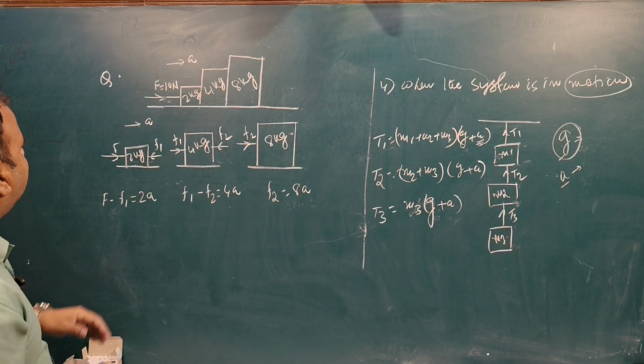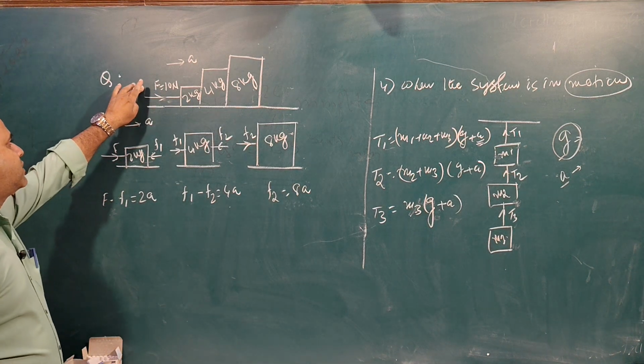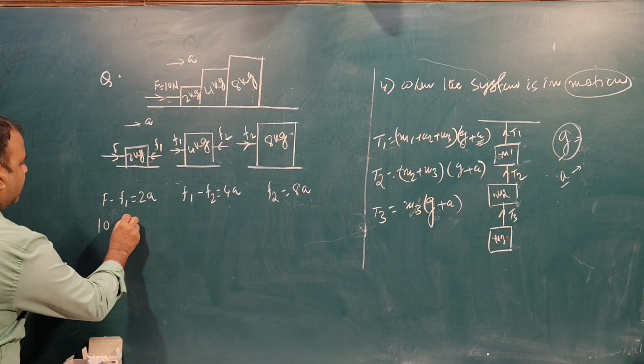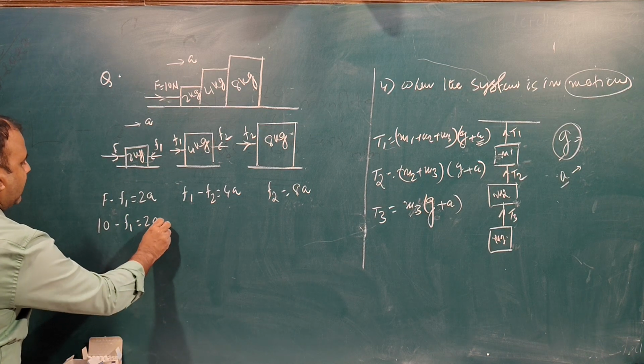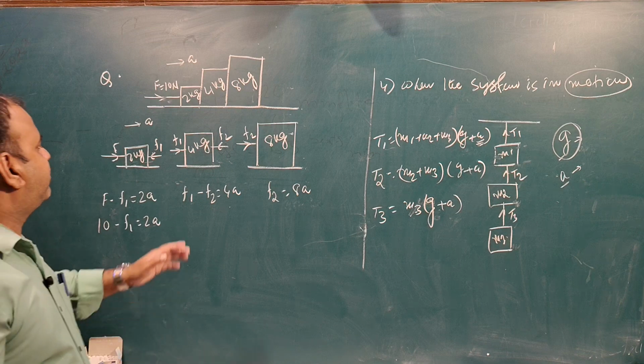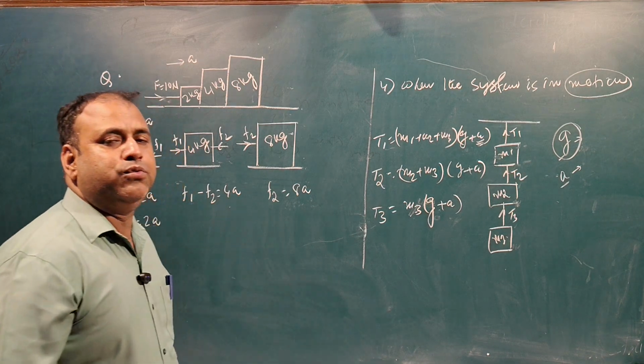So according to our question, the value of the applied force is 10, so 10 minus F1 is equal to 2a.